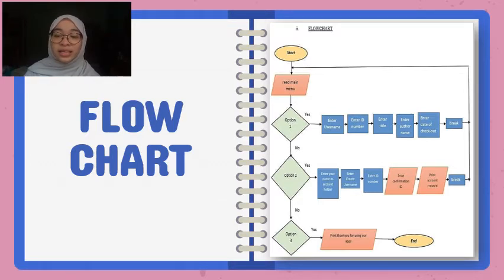As we can see, if the user wants to use our system, they will read the main menu, and the main menu has 3 options. Firstly, the first option is login, the second option is create account, and the third option is exit.